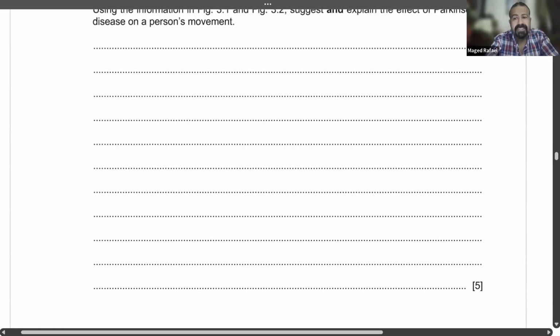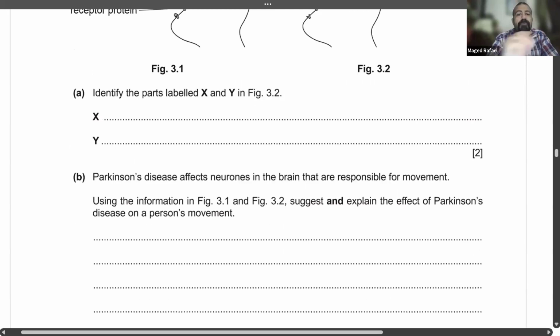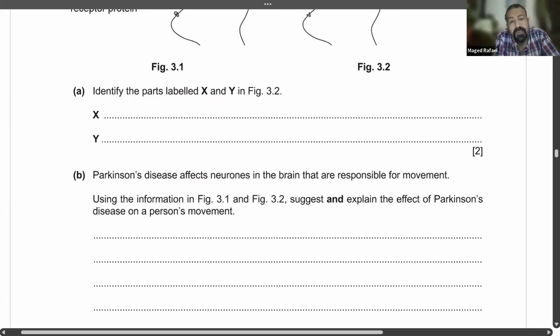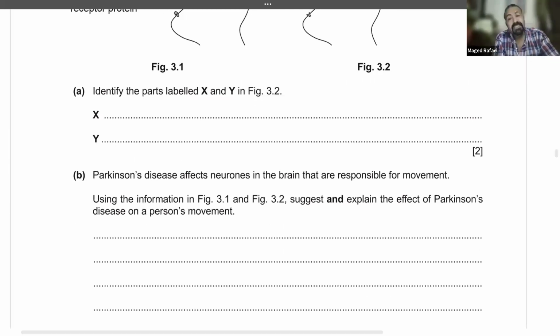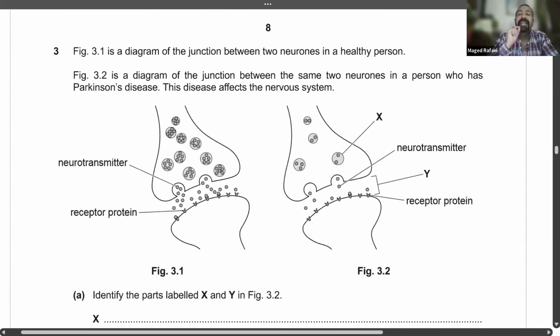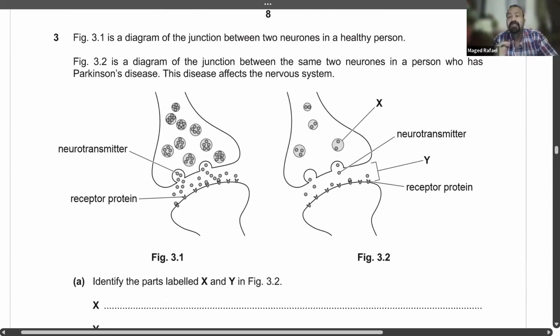This question is a 5 marks question about Parkinson's disease, and he wants you to use the information, suggest and explain the effect of Parkinson's disease on a person's movement. So my answer, Sarah, should be linked to the movement of a person by the end.